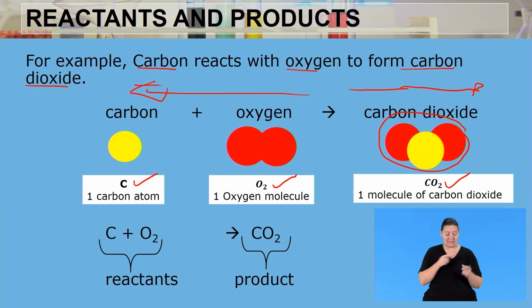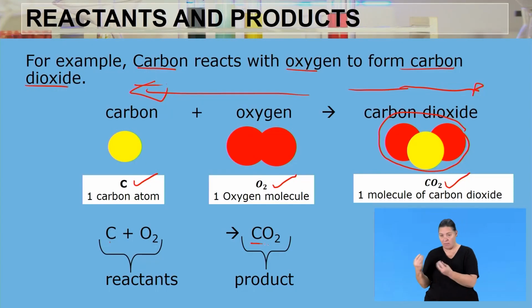The reactants in this reaction are the C and the O2. Those two things are going to chemically bond together to form the product, CO2. That is our carbon dioxide, what we breathe out.